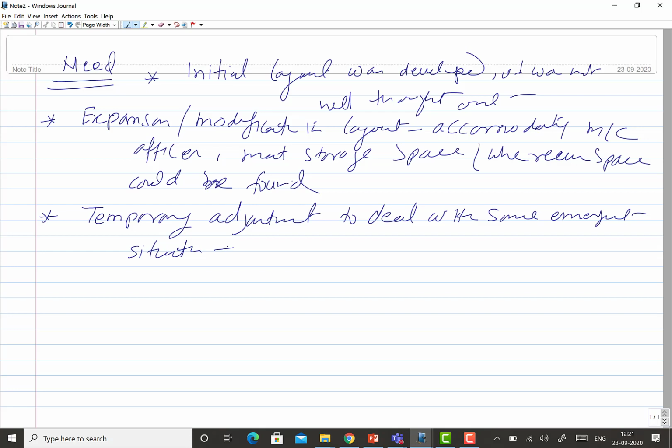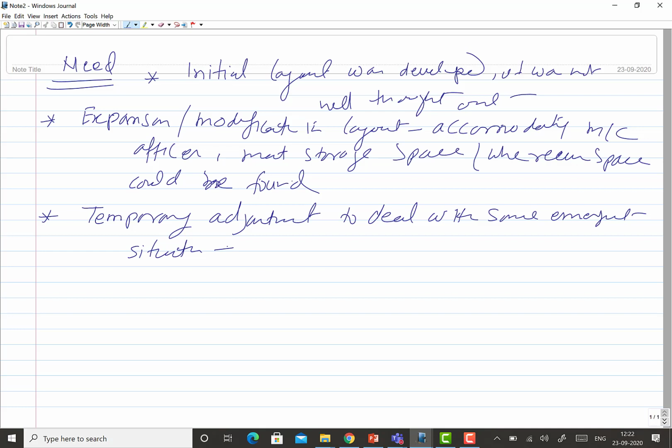So additional machinery, additional storage space was created, and it was just arranged somehow to increase the production, and thereafter the same setup continued even after the normalcy.